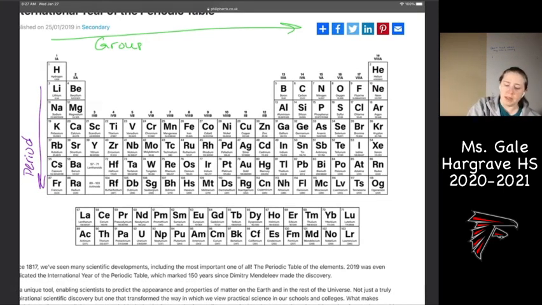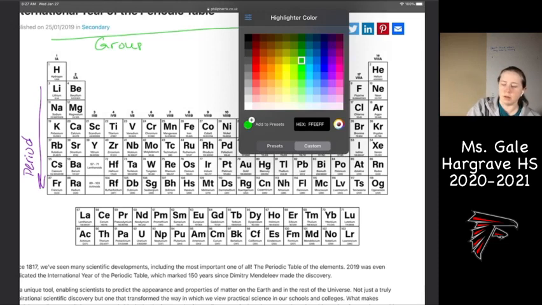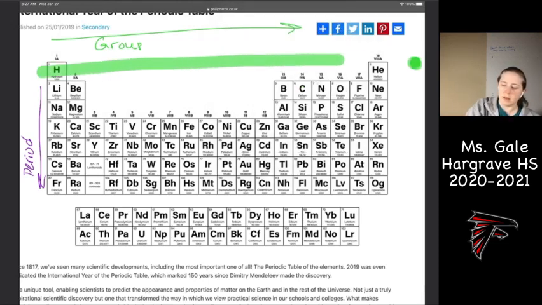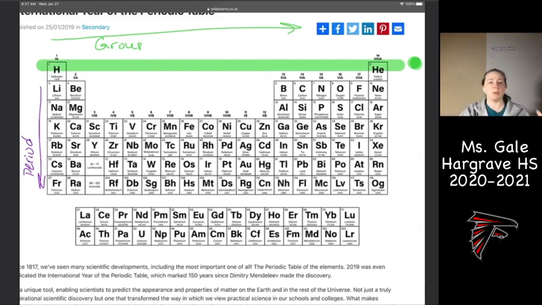Helium is our weird dude. Helium is on period 1 all the way across, so it only has one shell. That's the reason why it's on period 1. But you're like, Ms. Gale, the valence electron says 8. How has that happened?